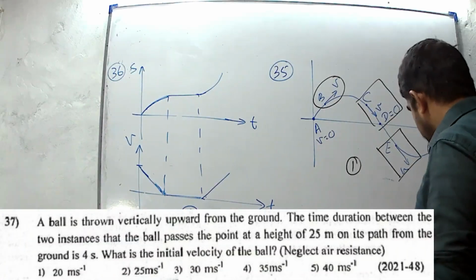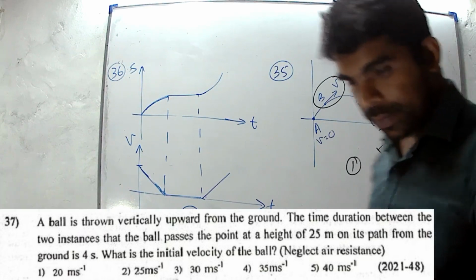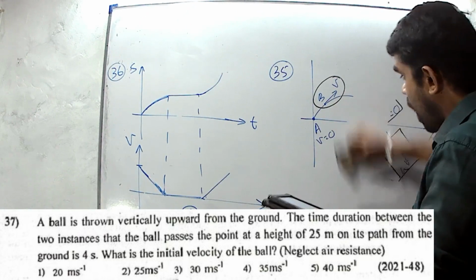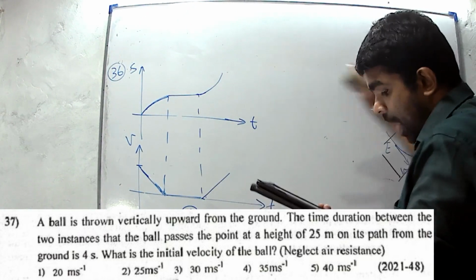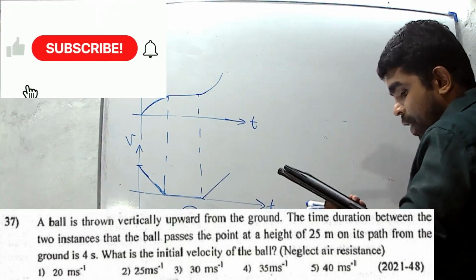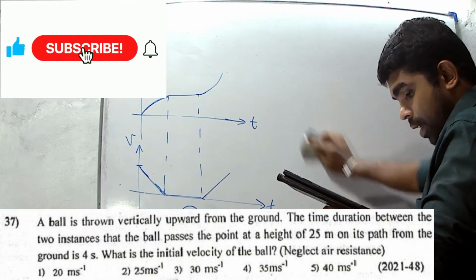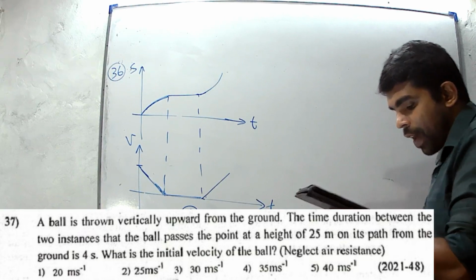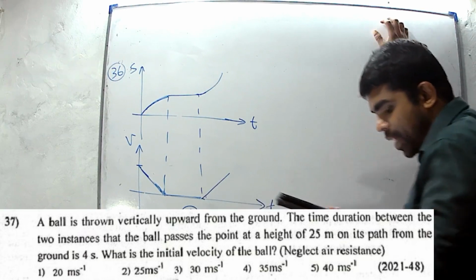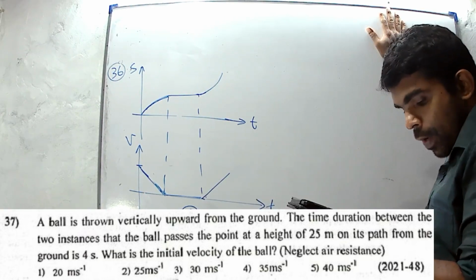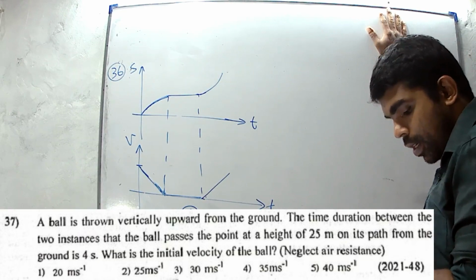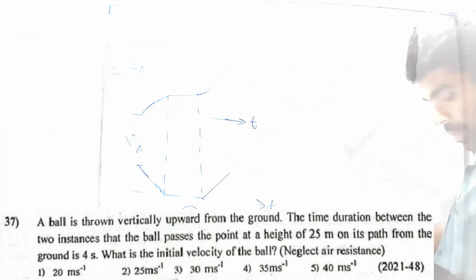Then question number 37. A ball is thrown vertically upward from the ground. The time duration between the two instances that the ball passes the point at a height of 25 meters on its path from the ground is 4 seconds. What is the initial velocity of the ball? Neglect air resistance.